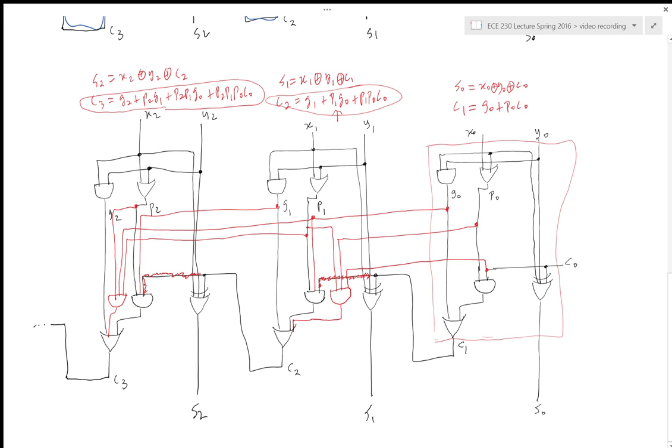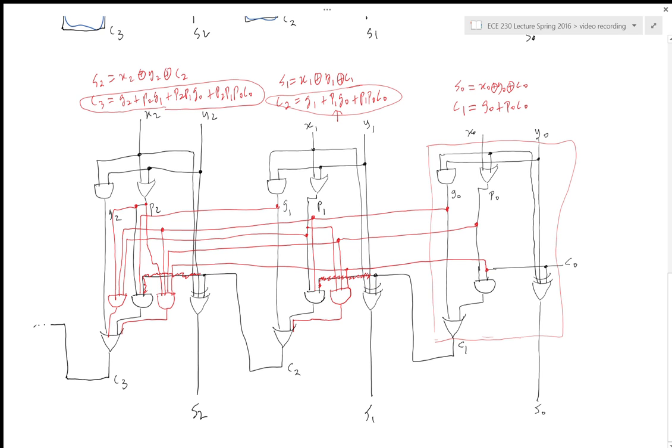The last term is P2, P1, P0, and C0, so we need another AND gate. So that is C0, P2, where's P2? P2 is right here, P1, and P0. Okay, like this right there.